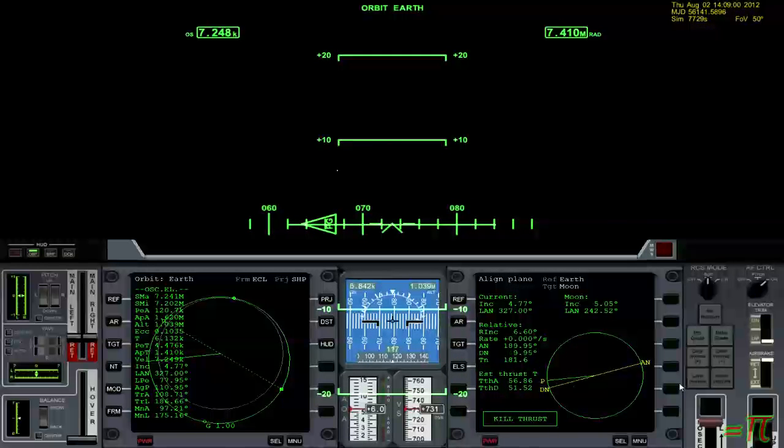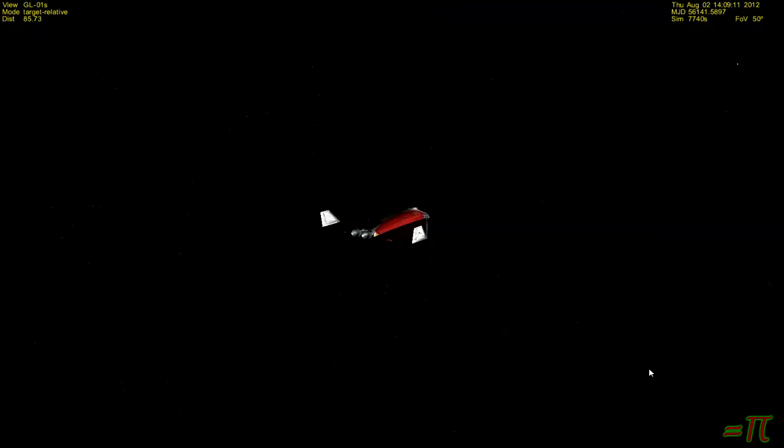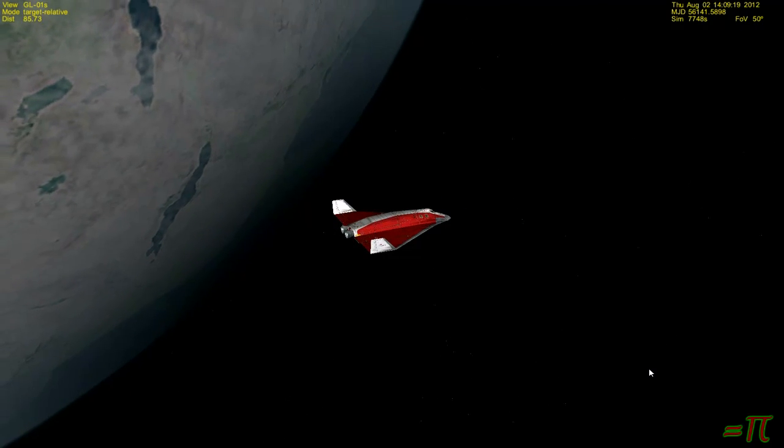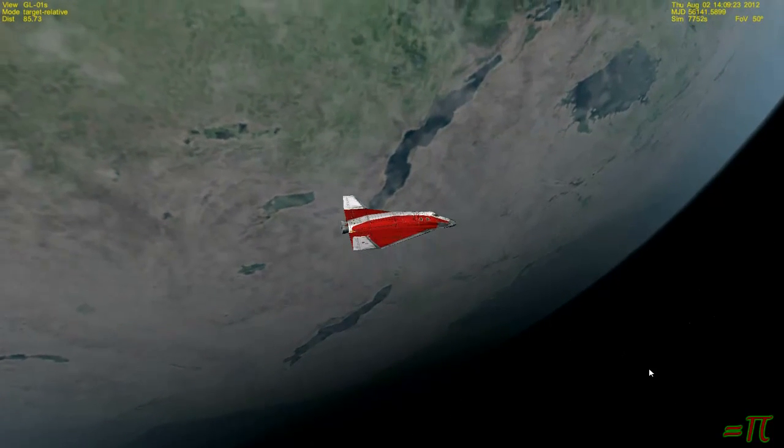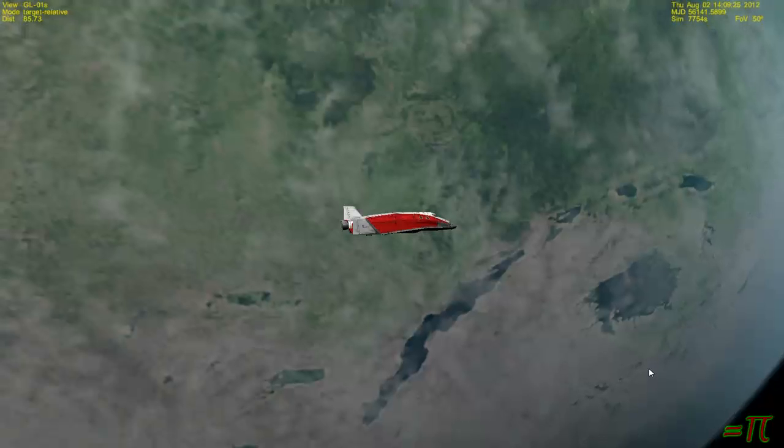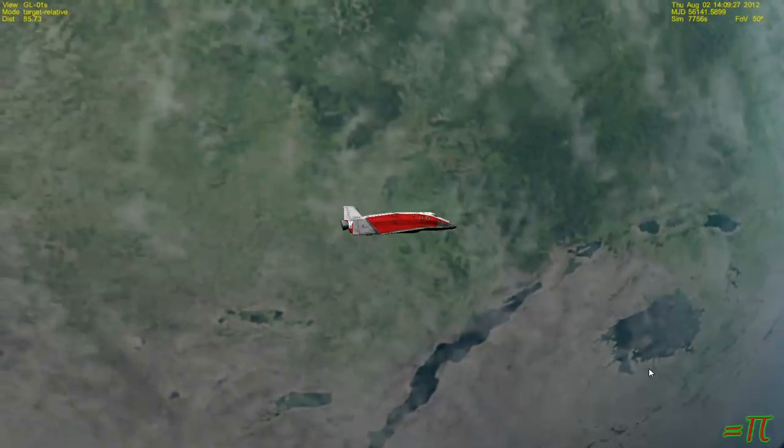Alright, now go ahead and let's see, that's the descending node, which means we will have to turn orbit normal plus. And that's going to put the ship facing in a direction that will have us pointing at a right angle to the direction of our flight. And it looks like we're over Africa.